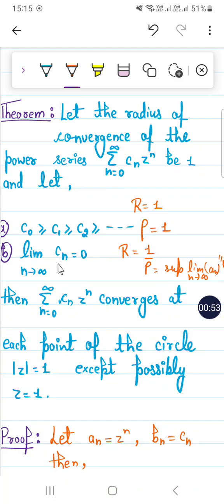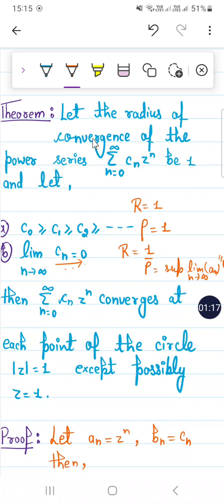Because this is the nth term, its limit is 0. This is not the whole sequence's supremum limit as n tends to infinity. So there is a difference between the nth term limit being 0 and r. If the supremum of this is 0, then r is equal to infinity, right?